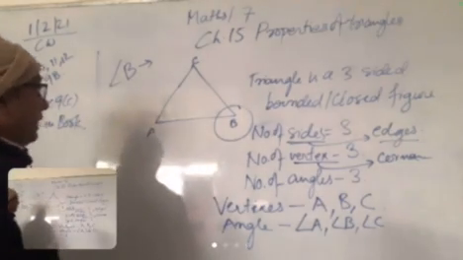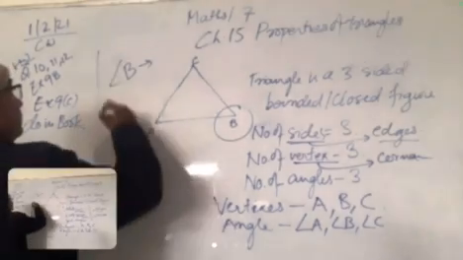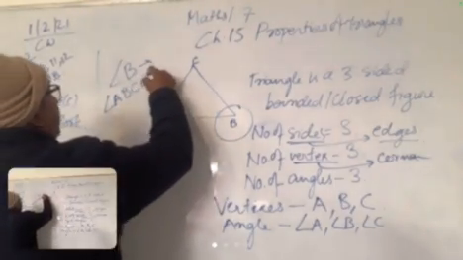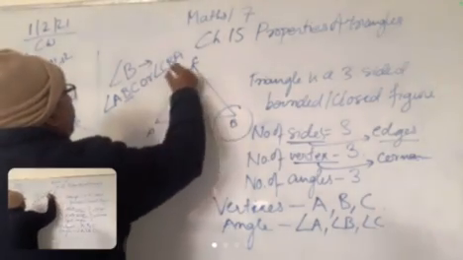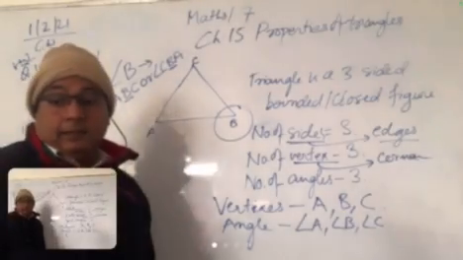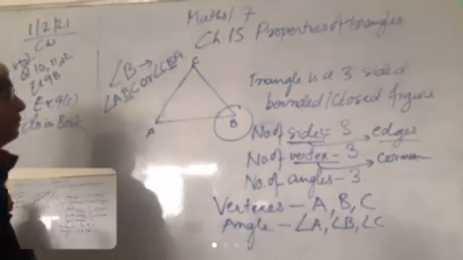Angle B को कैसे लिखेंगे? Yes, angle ABC or angle CBA. Now B is in between the two vertices. Clear? Yes, sir.